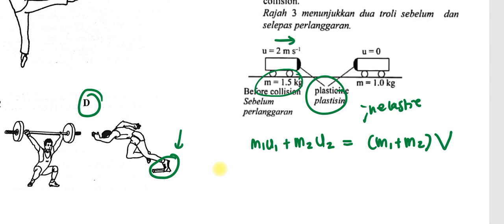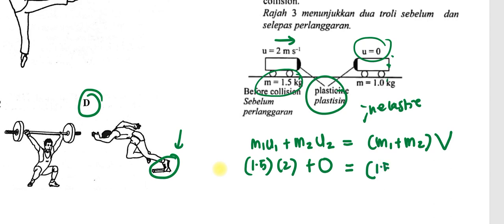You take this one as positive. So m1 is 1.5, u1 is 2. m2 doesn't matter, because u2 is 0, stationary. So the whole thing will be 0. 0 times 1 is 0. So now m1 plus m2, 1.5 plus 1, times v. Solve this equation. 3 is equal to 2.5v.